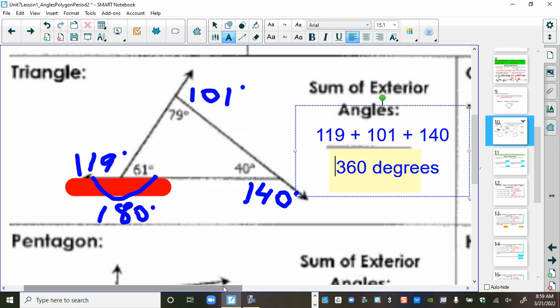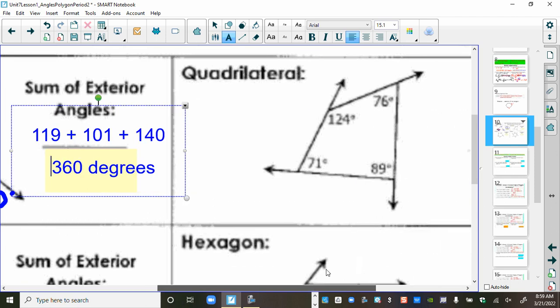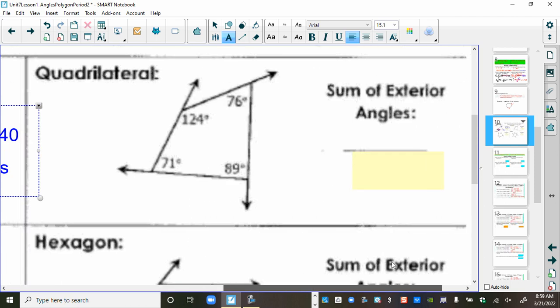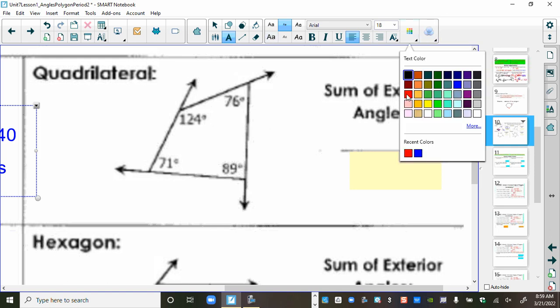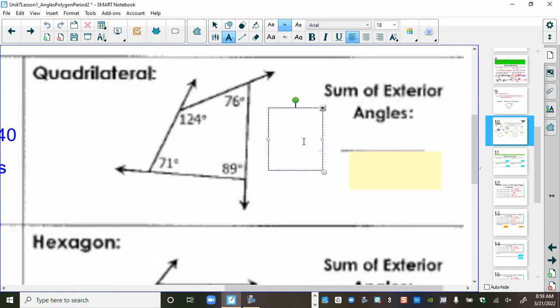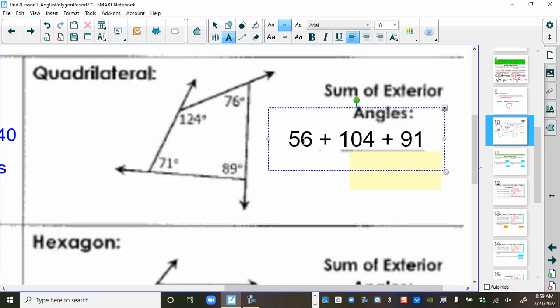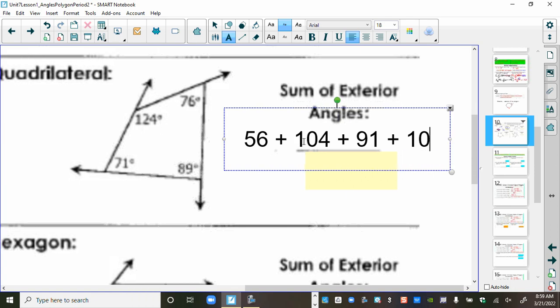Basically, you're going to see that for the other three. You can check it on your own. This angle right here, basically subtract each number from 180. We're going to go clockwise, basically. So you can check it. So basically, 56, 104, 91, plus 109.